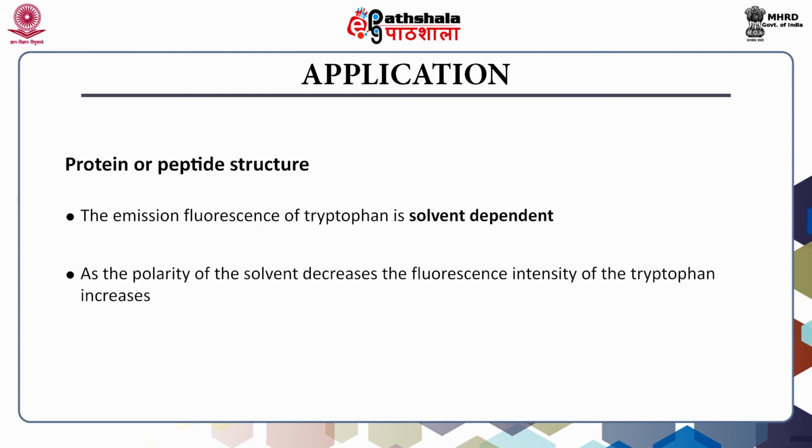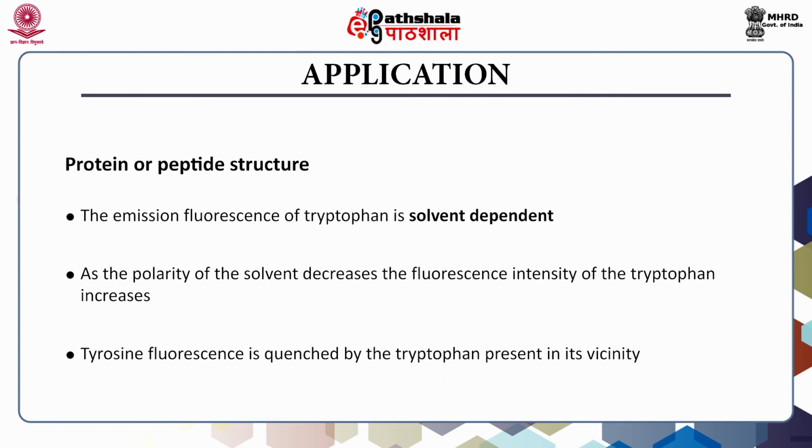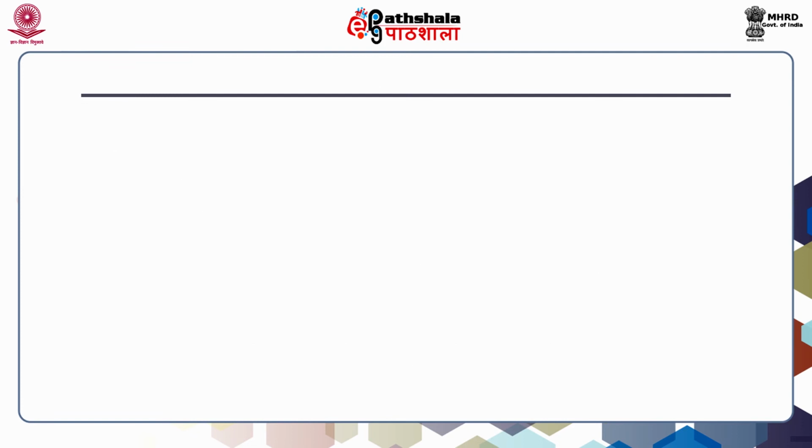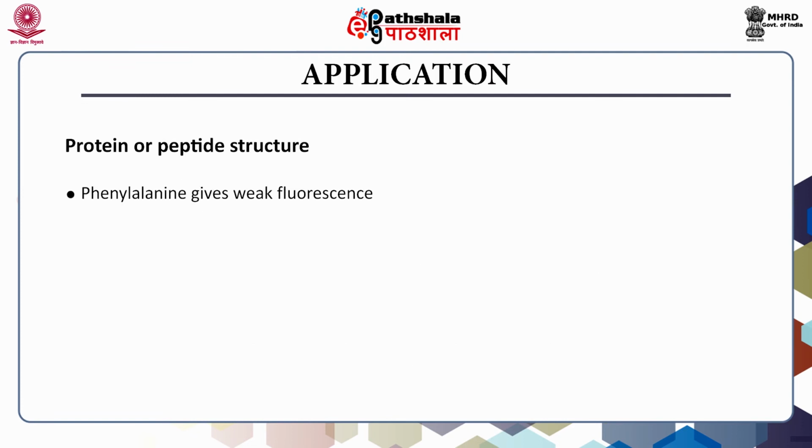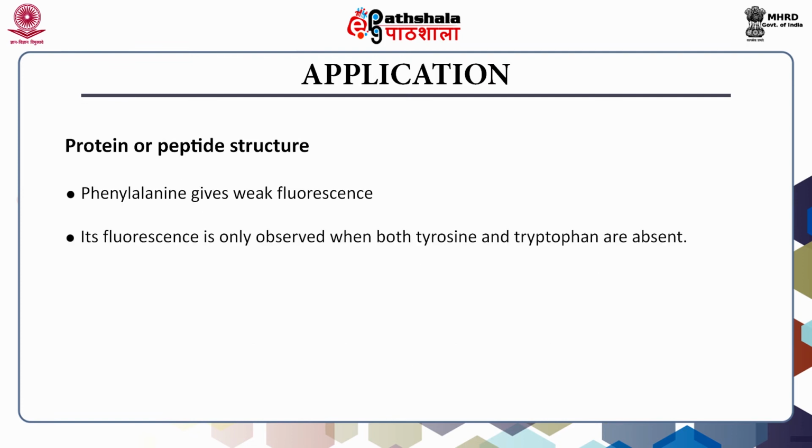As the polarity of the solvent surrounding the tryptophan decreases, the fluorescence intensity of the tryptophan increases. Tyrosine emits less fluorescence than tryptophan and its fluorescence is quenched by the tryptophan present in its vicinity. Phenylalanine gives weak fluorescence and its fluorescence is only observed when both tyrosine and tryptophan are absent.